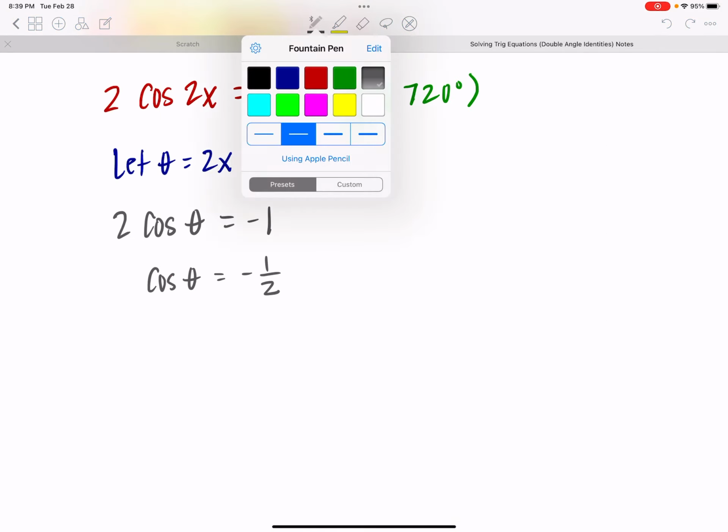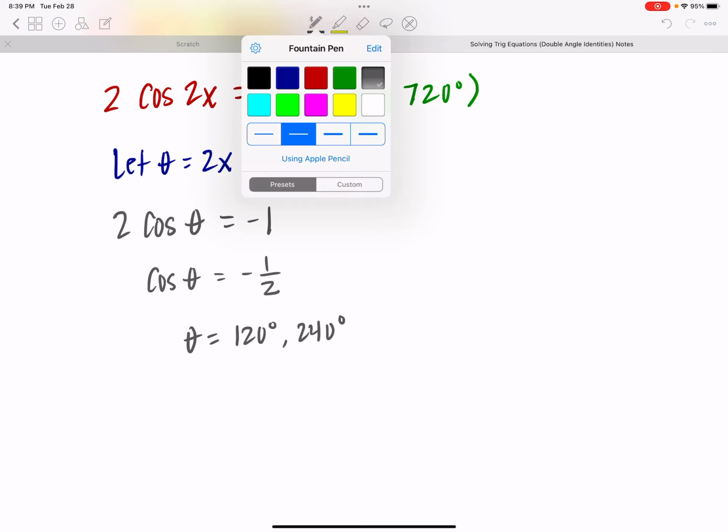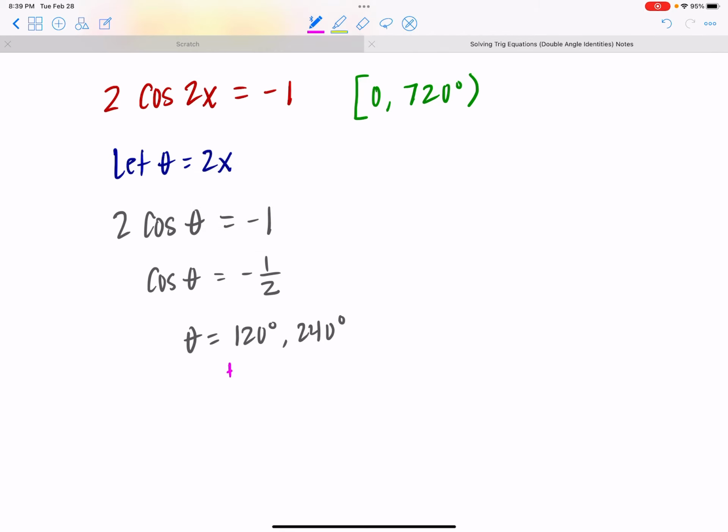Off the first lap of the unit circle, we get the 120 degrees and the 240 degrees. And then I'm adding, instead of a 2 pi, 360 to get to my next angle. So 120 and 360 is going to be 480 degrees. And then I'm going to add a full lap, 360, to 240. So that's going to get me 600 degrees.